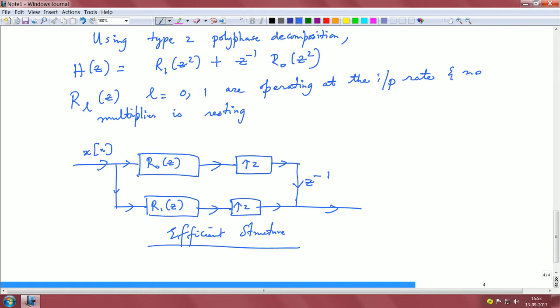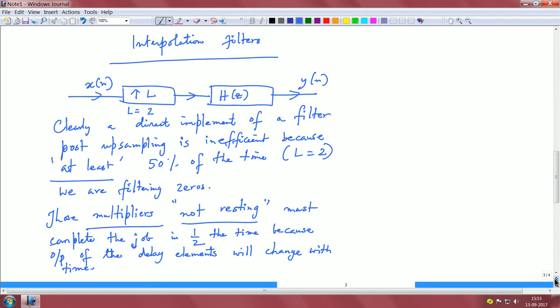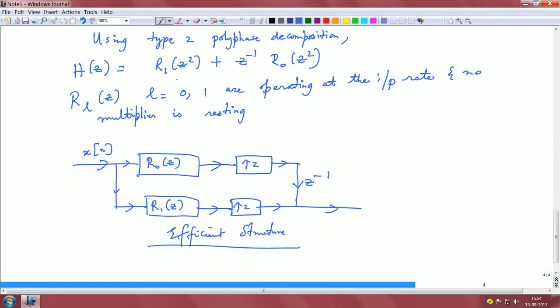Okay. So what we did is, if you just recall here, we had an upsampling by 2 followed by filtering, right, and for the filter we do a polyphase decomposition as follows.